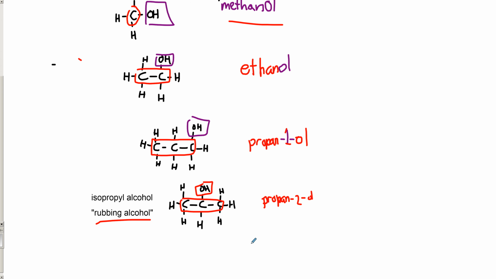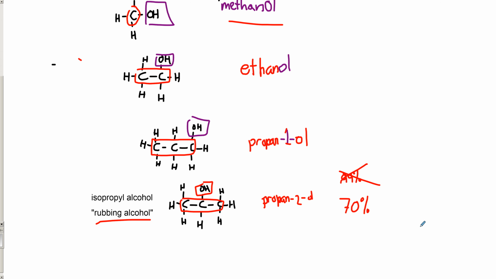So yeah, you can get 99%, which means that 99% of the container contains this, and 1% of it is H2O, it's water. Amazingly, that is not the most effective percentage. The most effective percentage is actually 70% isopropanol.